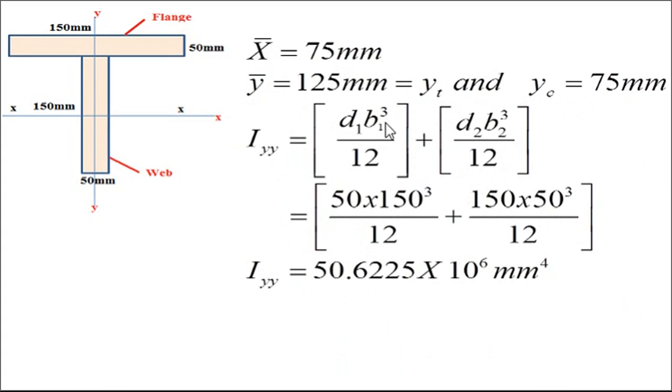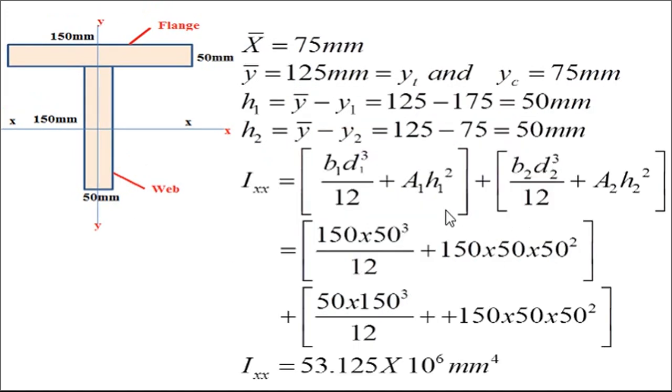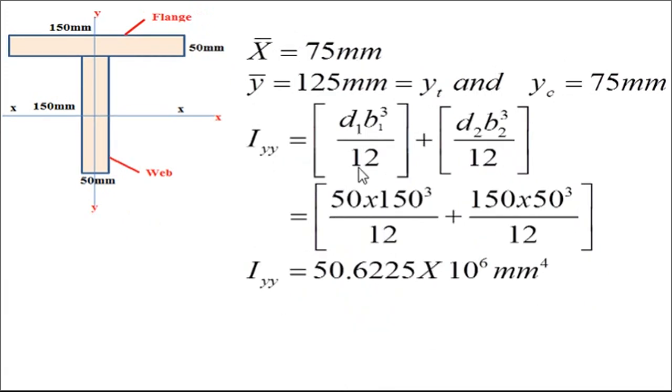Iyy is d1 b1 cube by 12 plus d2 b2 cube by 12, because the figure is symmetrical about the y axis. Here h1 and h2 are there in xx, but in yy h1 and h2 will be 0 because it is symmetrical about the y axis. Then you write down d1 b1 cube by 12.